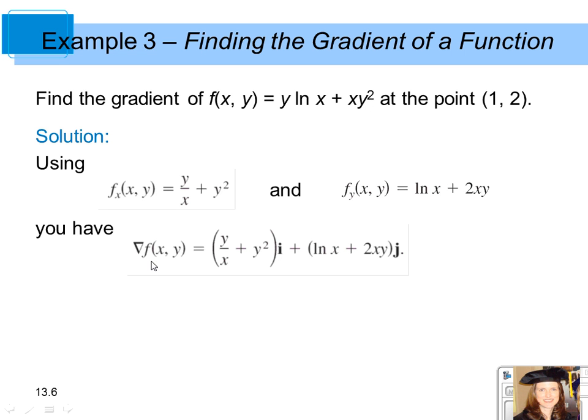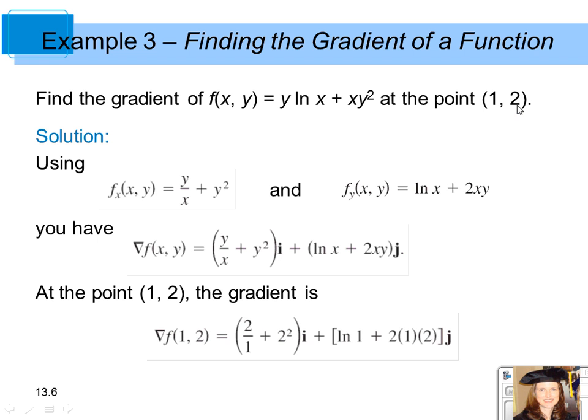So the gradient of this function of two variables is a vector in the plane, where the partial with respect to x is i, plus the partial with respect to y is j. Now we're going to evaluate it at the point where we can plug in 1 for x and 2 for y. By plugging that in, you can simplify to get the vector 6i plus 4j.